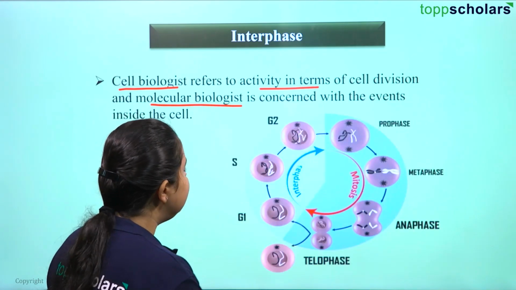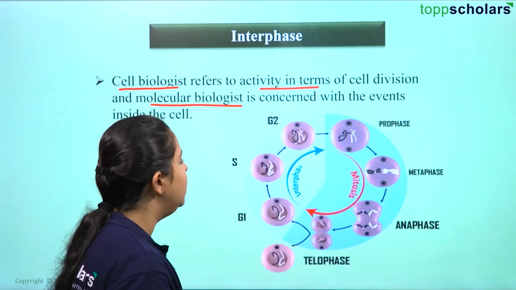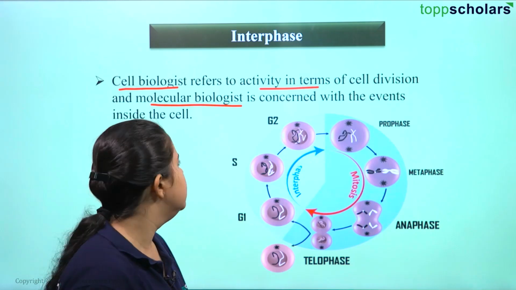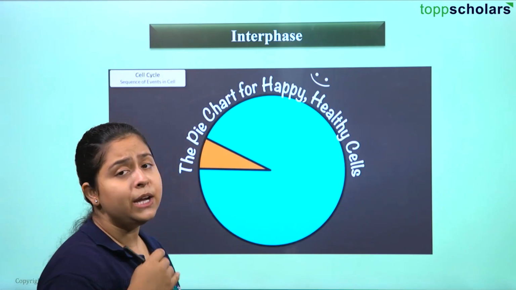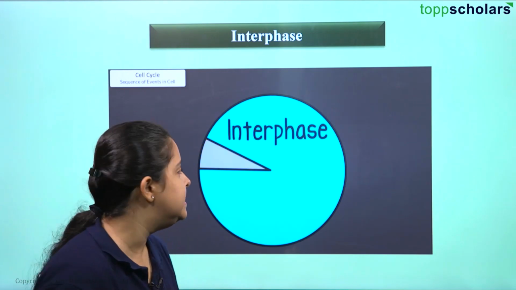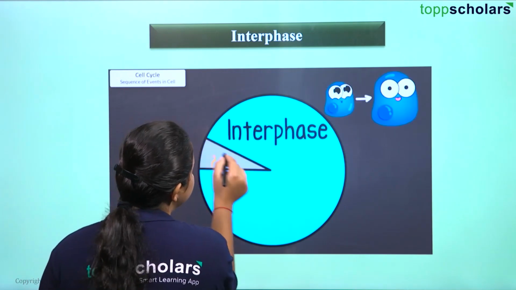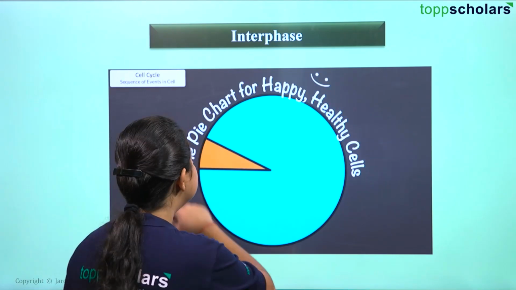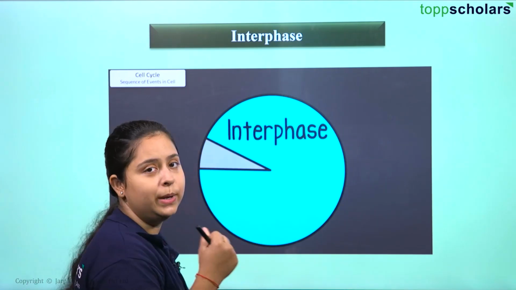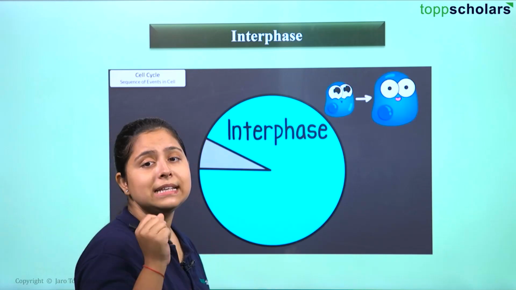Over here you can see these are the phases which we will learn in just a few moments. Just wait a minute. Over here this is the cell cycle which shows you the sequence of events in a cell. So over here this part is the M phase, which is referred to as mitosis, and this part is interphase.